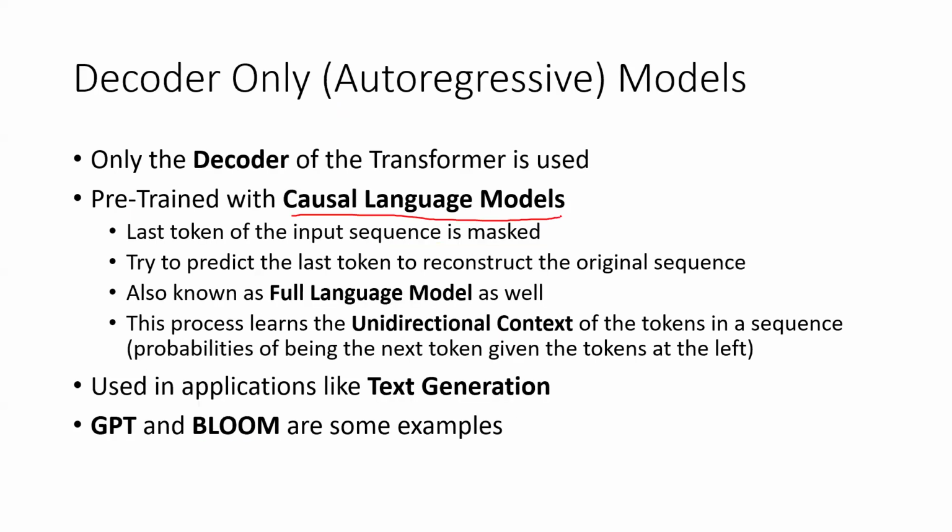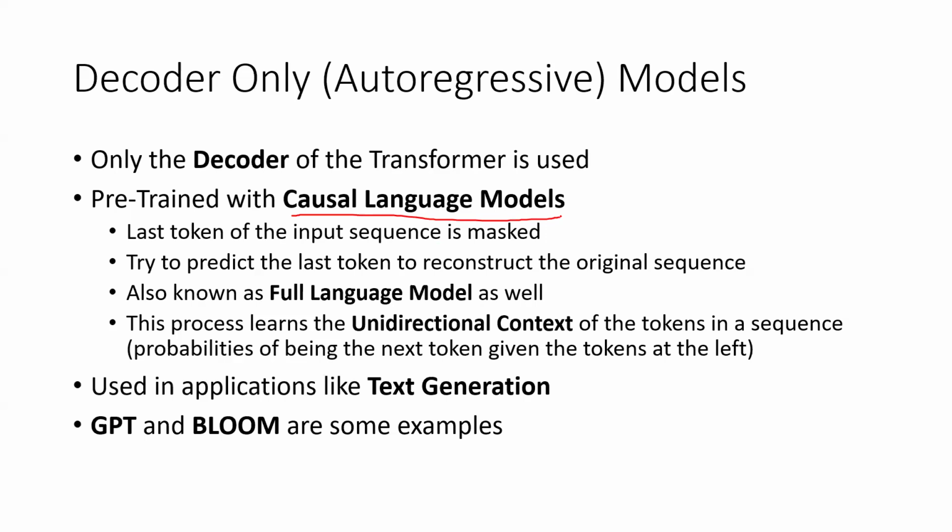In causal language models, it is always asked to predict the next word. That means the last word of a sentence, so that it can predict the next word when the previous words are given. That is the idea of the autoregressive model, right? This is also known as the full language model.